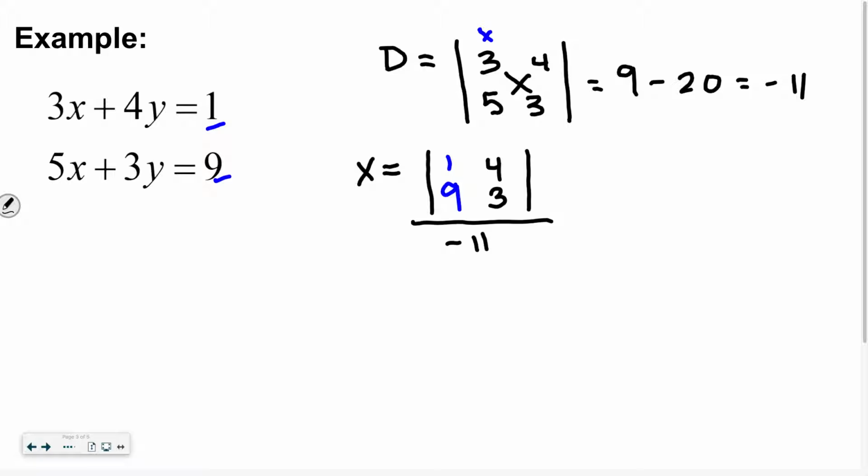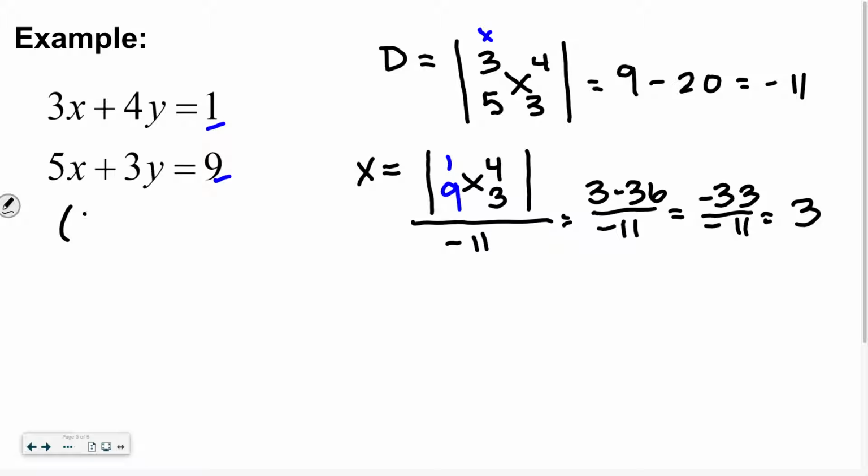Then do a new determinant. That's going to be 3 minus 36, which is negative 33, over negative 11, and that's 3. So I have the x-coordinate of my solution. And now I'd like my y.